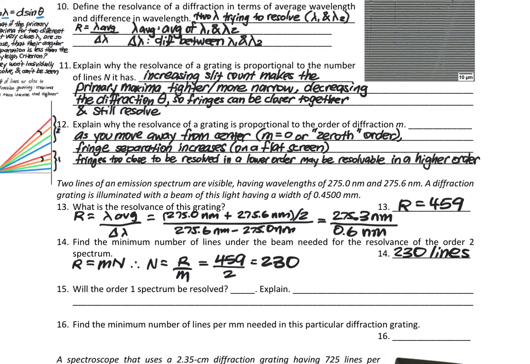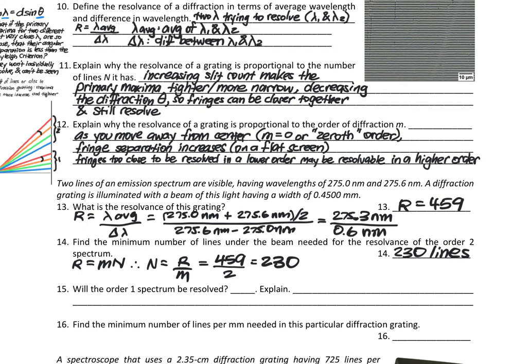But as we increase the orders of spectra, those fringes spread out. So if it's 230 lines to just barely resolve the second order, then no, the first order is not going to resolve, because you just barely resolved the second order.